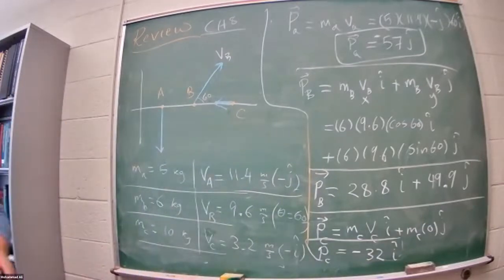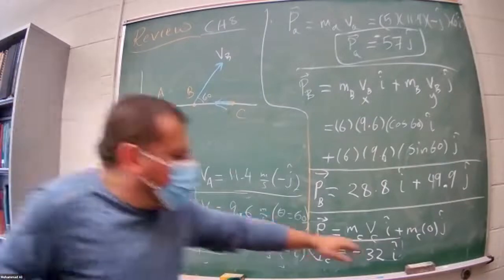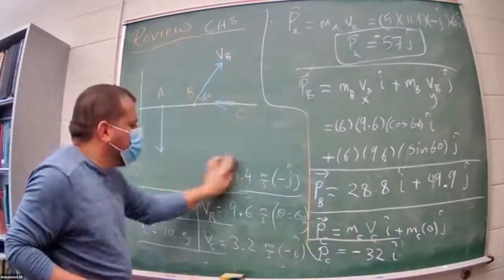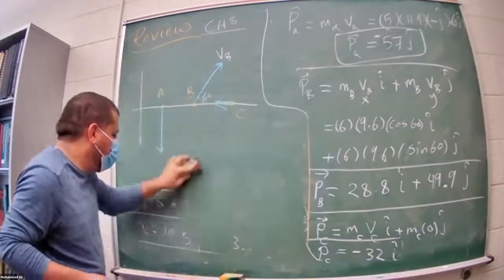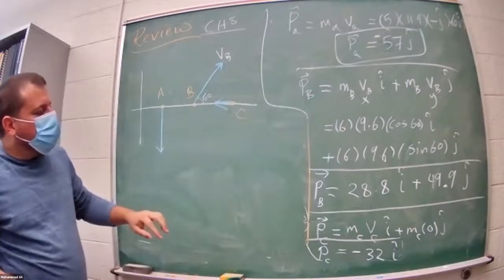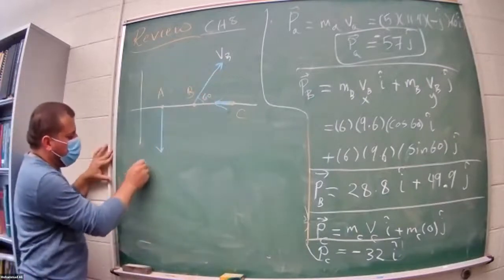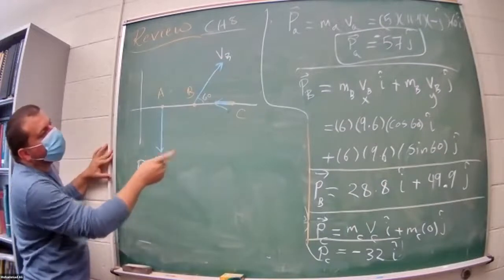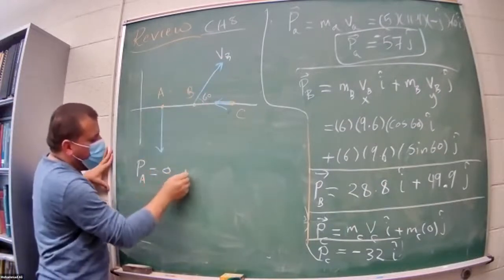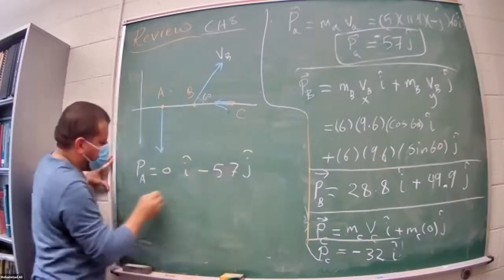Okay. If the question asks us about anything, now we know it. Now we have three momentums. PA is equal to 0 I hat minus 57 J hat.